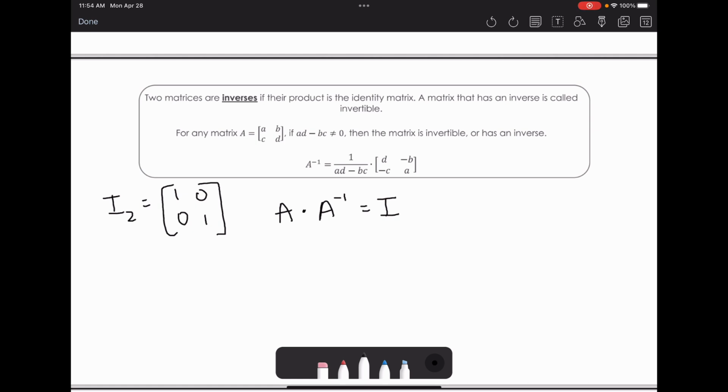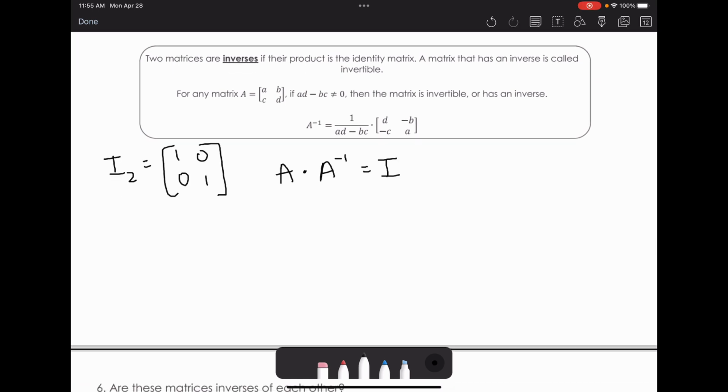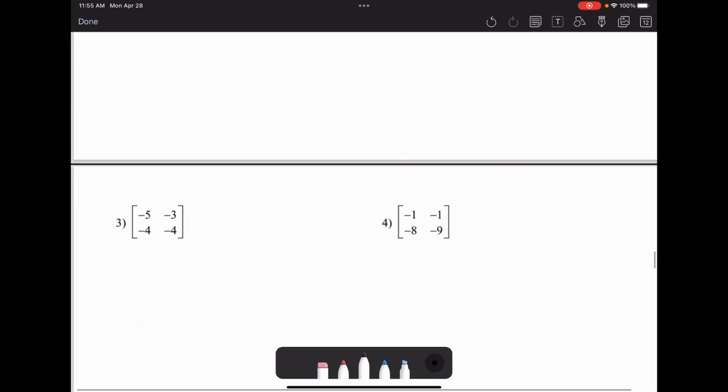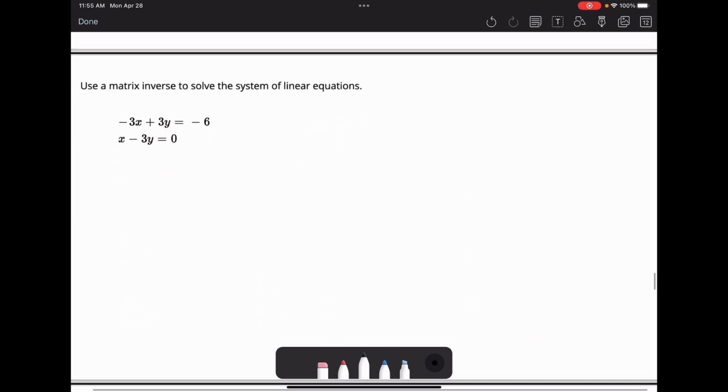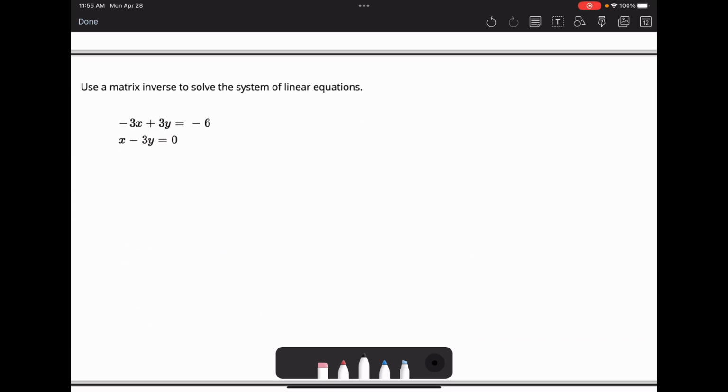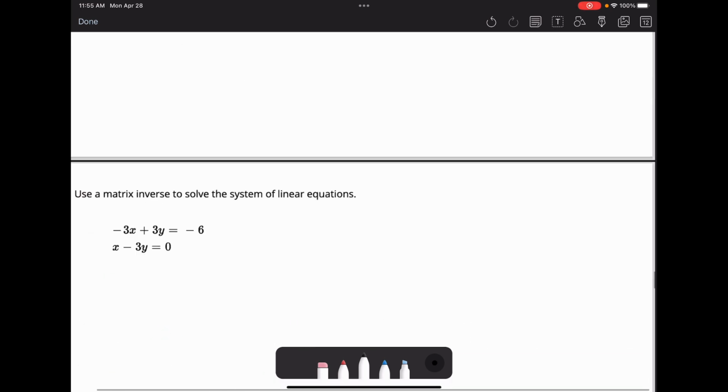And a matrix that has an inverse is called invertible. We need the inverse to be able to solve problems, which is what we're doing at the end, right here. We can use matrices to solve a system of equations. We can use the matrix inverse.